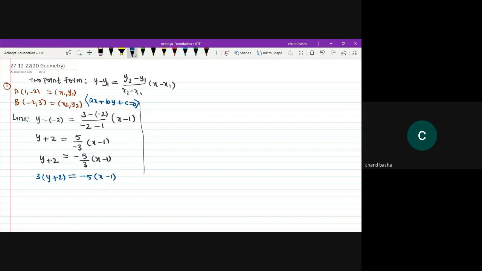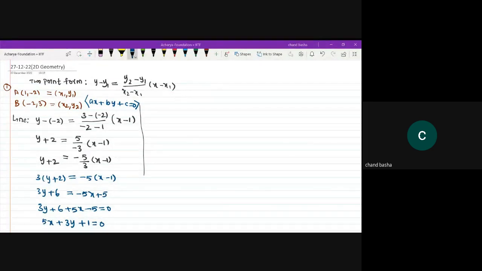Distributing, it is 3y plus 6 is equal to minus 5x plus 5. Everything will be on the left hand side: 3y plus 6 plus 5x minus 5 is equal to 0. First write in standard form, and then 5x plus 3y plus 1 is equal to 0 is the required answer.